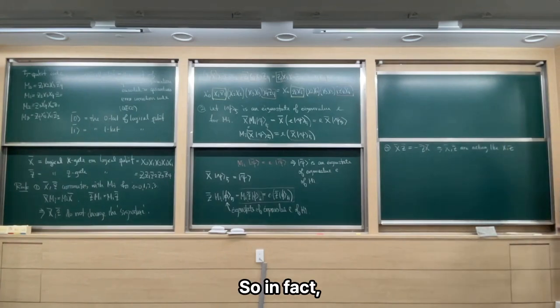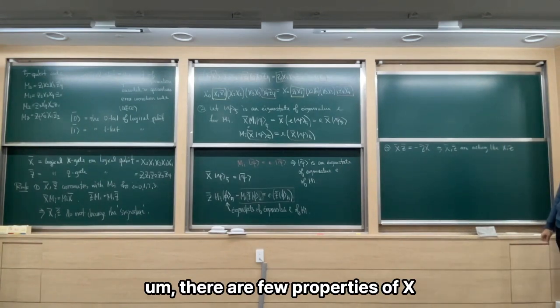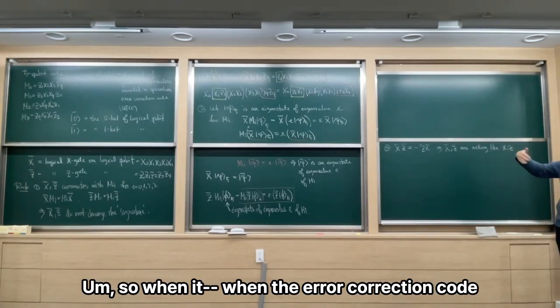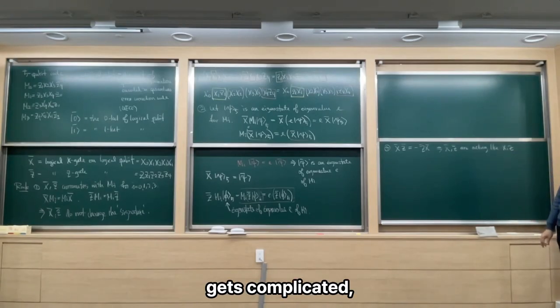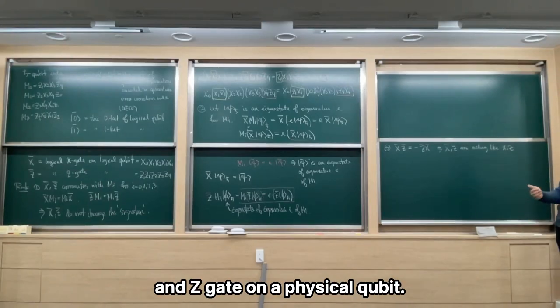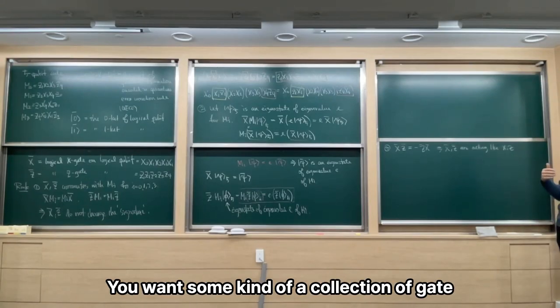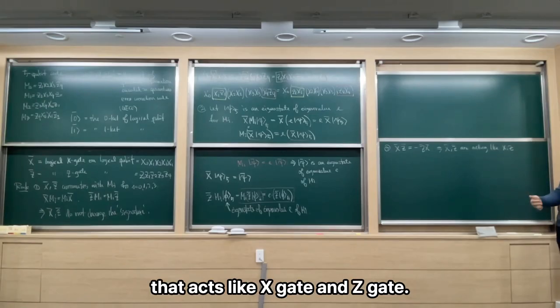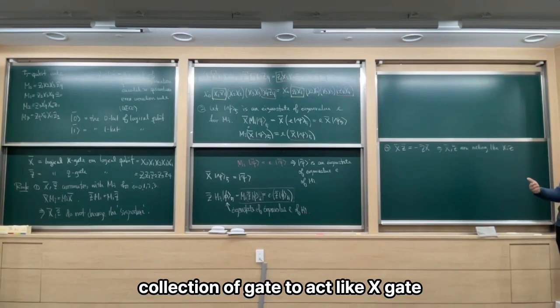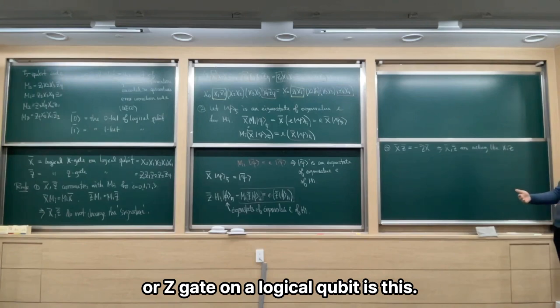In fact, there are a few properties of the x and z gates here. When the error correction code gets complicated, all you want is not really the x and z gate on a physical qubit. You want some kind of collection of gates that acts like an x gate and a z gate. So the condition for that kind of collection of gates to act like an x gate or z gate on a logical qubit is this.